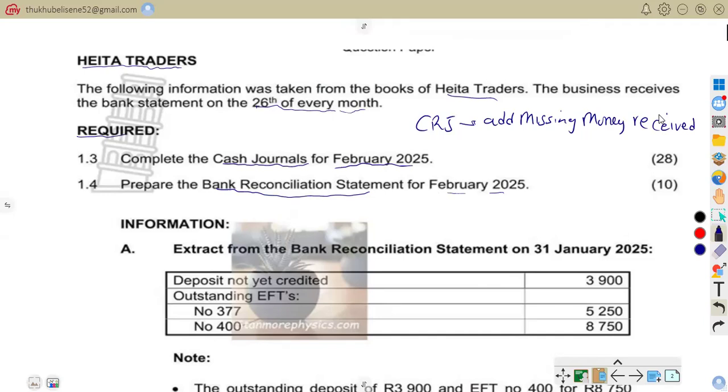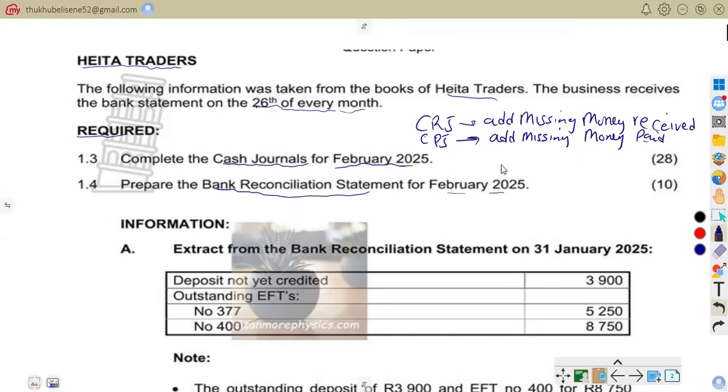Know very well that you're going to add missing money received. But the CPJ, the cash payment journal, is all about adding missing money paid. Here is a receipt, here is a paid.